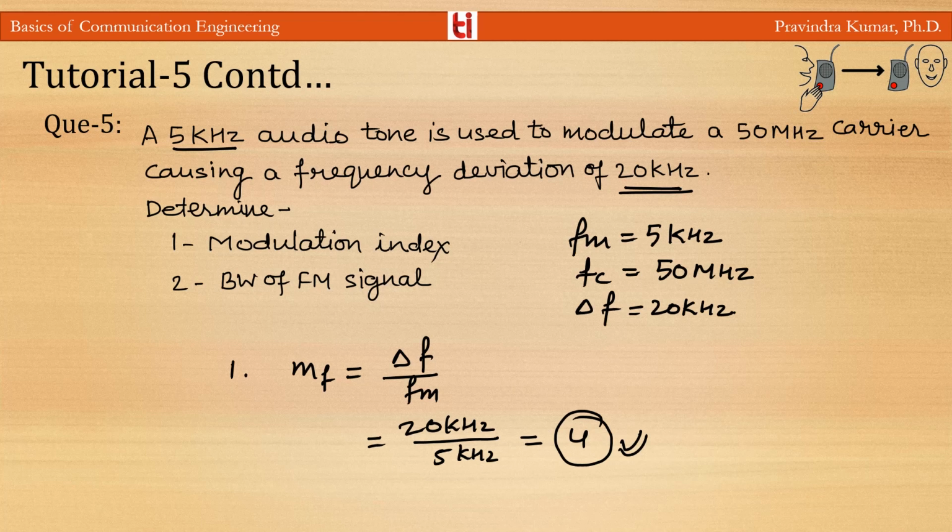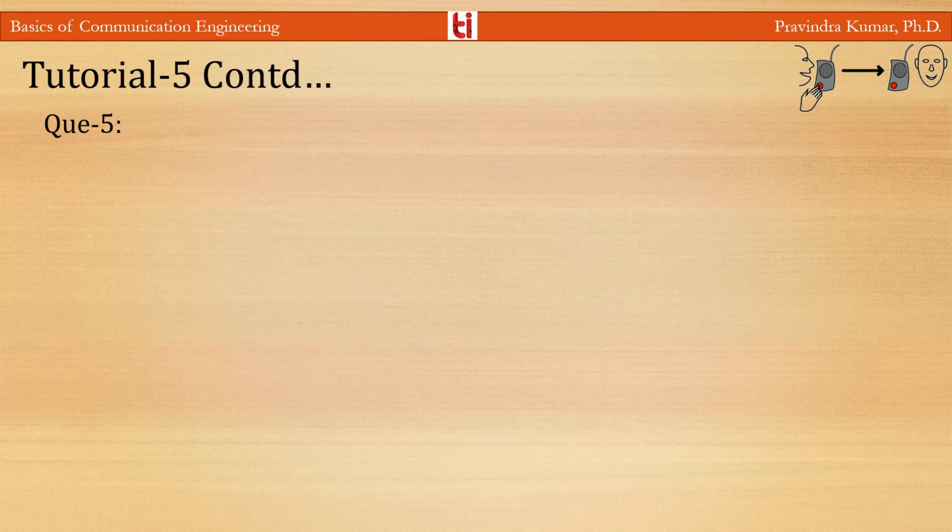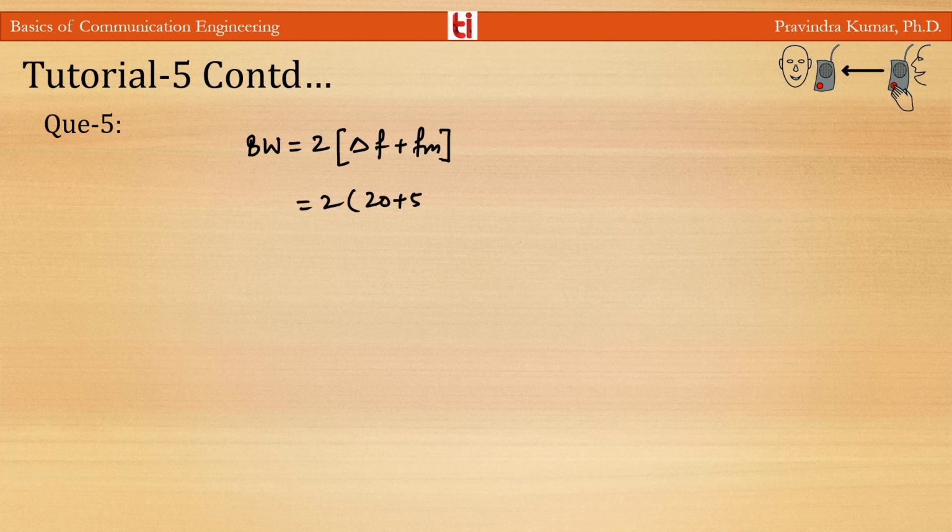Now we can calculate the bandwidth for this wideband FM using Carson's rule, which is 2 into (Δf + fm), equal to 2 into (20 + 5), which is 50 kilohertz. Also, you can find the bandwidth using the Schwartz universal curve given in your book by Simon Haykin.